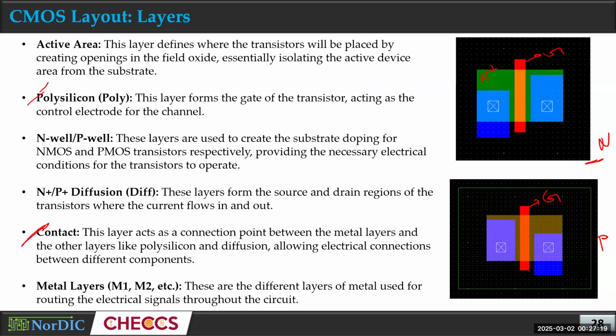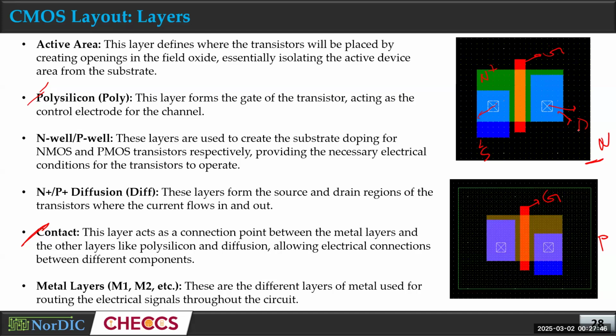I mentioned that to make any connection, we need to use contact. So this cross is a contact, this cross is a contact. These two contacts, and these are the N plus diffusion for NMOS, right? In NMOS, the source and drain are N plus. That's why you see the N plus diffusion here, and this is our source, and this is our drain, the two N plus diffusion regions.